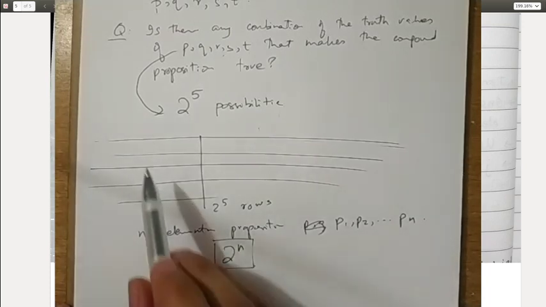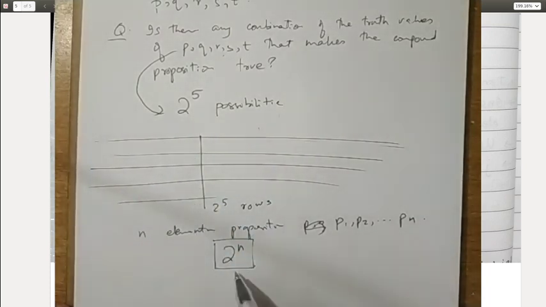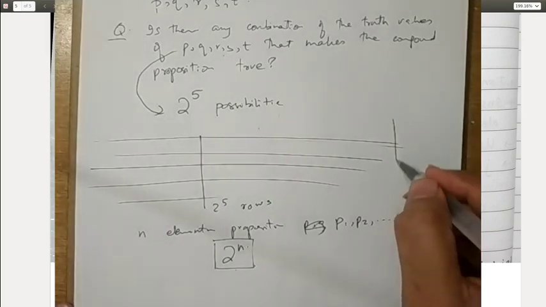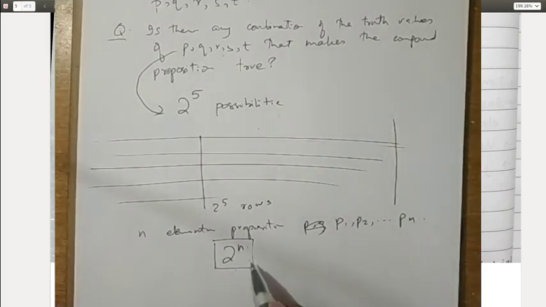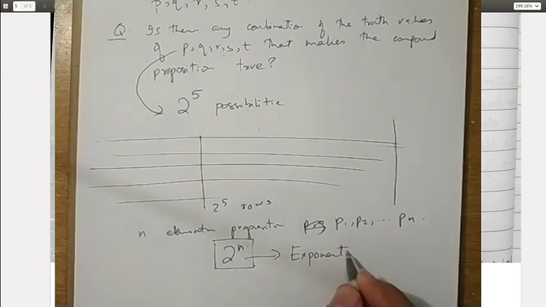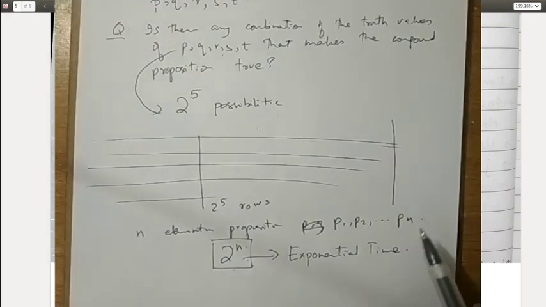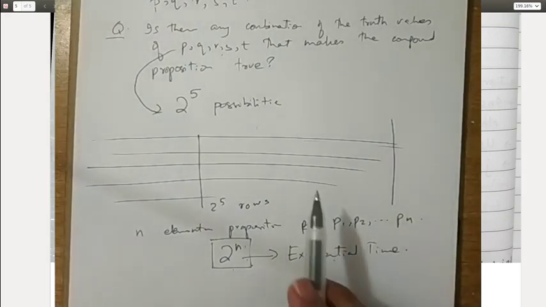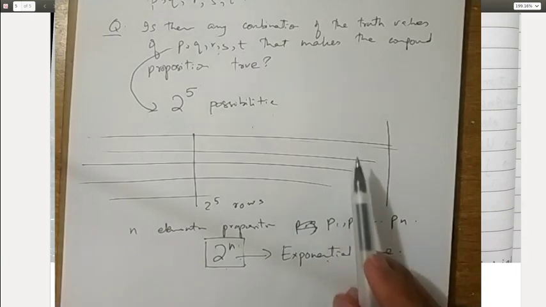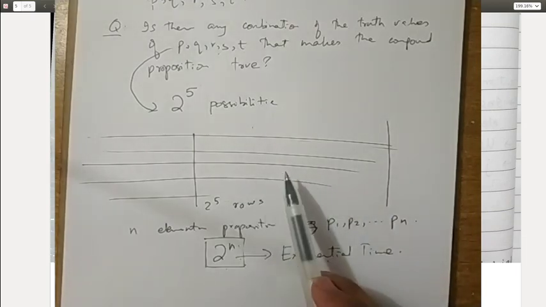Your truth table will be of size 2 to the n. And so your algorithm is actually an exponential time algorithm. And so this is an NP problem because we don't have a polynomial time algorithm to solve this problem.